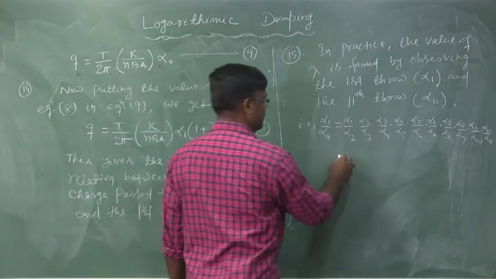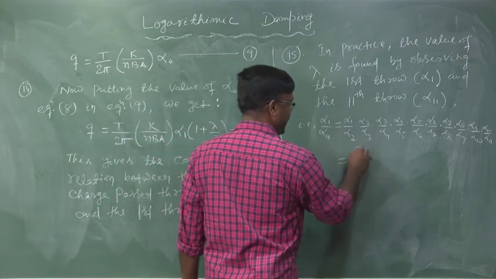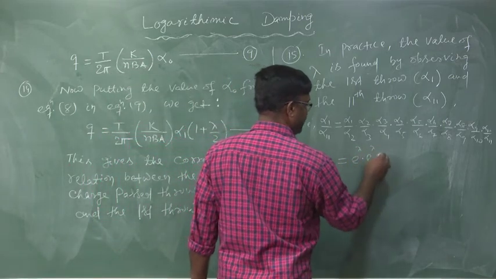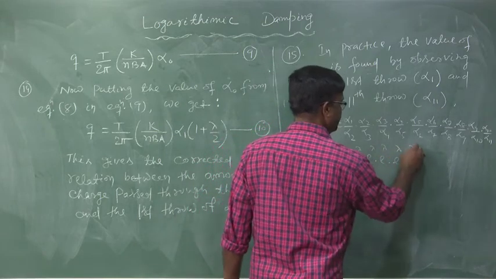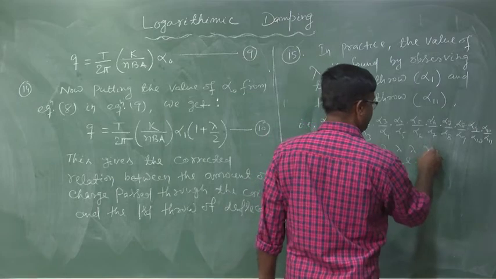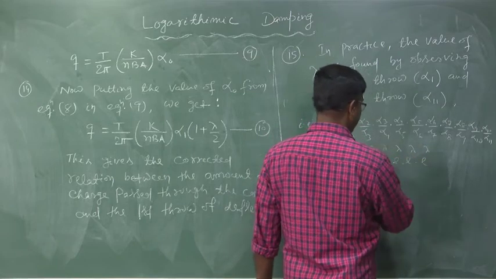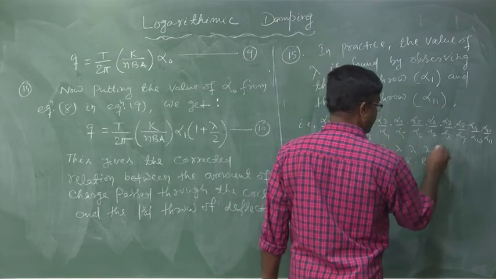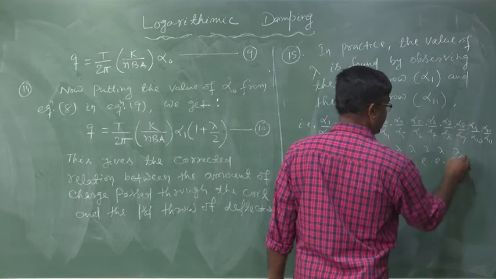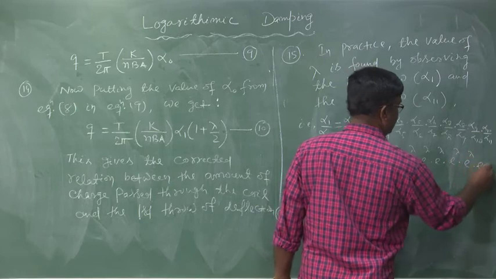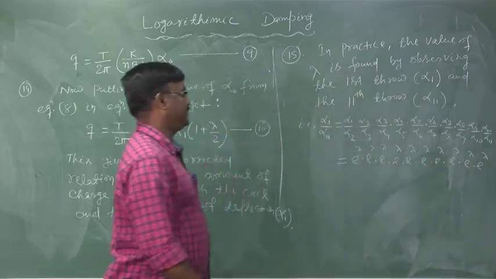which is equal to e to the power lambda, ten times over.